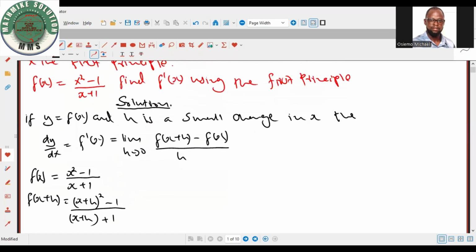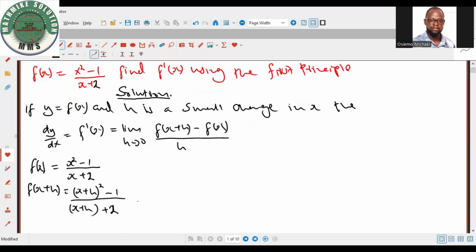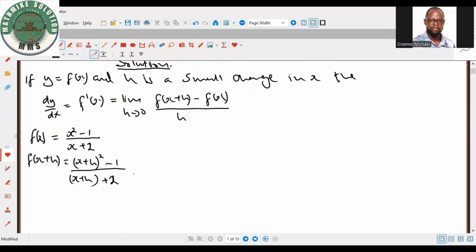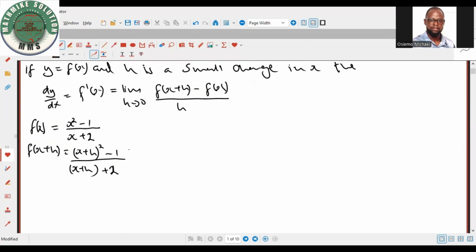In the example I gave you, the denominator was plus 2, so this one is plus 2, and also here it is plus 2. I'm following the exercise that I gave you. When we expand this, we shall get x squared plus 2xh plus h squared, then minus 1, over x plus h, then plus 2.